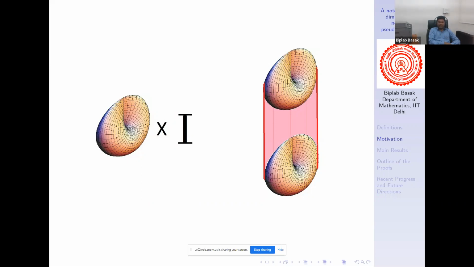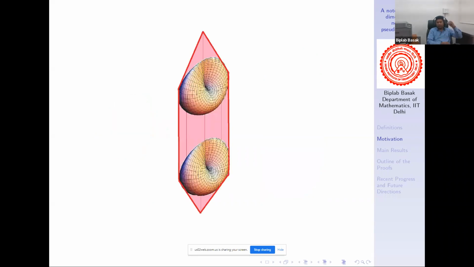Then you just cone off the boundary components separately. Now you will get the geometric carrier of a normal pseudomanifold. This will not be a three manifold, because the links of these two vertices are not spheres. The links of these vertices are RP2, so we have singularities. This is the geometric carrier of a normal pseudomanifold, and it is called the suspension of RP2.